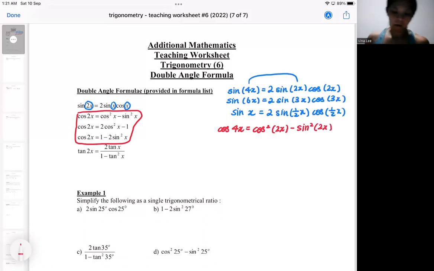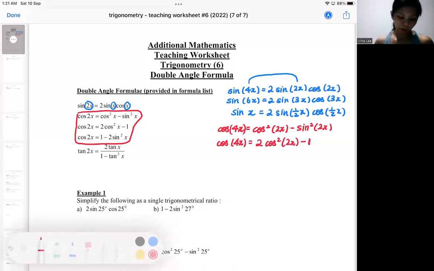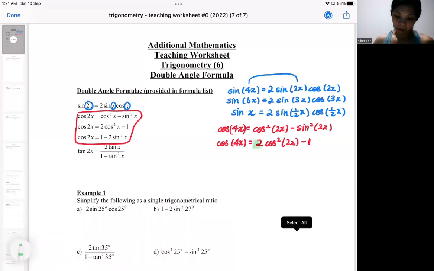The angle on the left, can you see 4x? That's like 2 units, so the angle on the right becomes 2x. I can write it in this format as well. When I write in this format, I don't change the coefficient. The coefficient 2 is still the same, and I'm still subtracting 1. I'm only changing the angle.